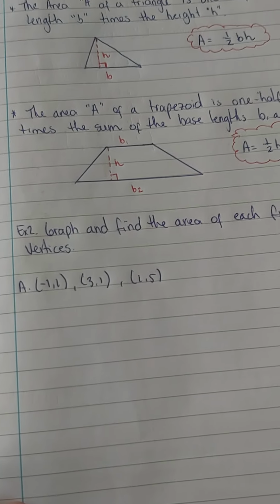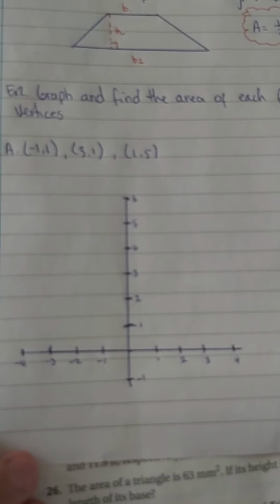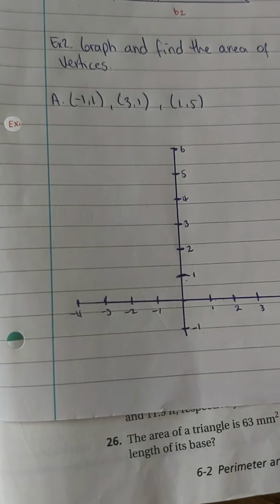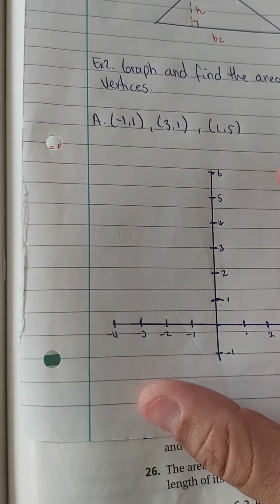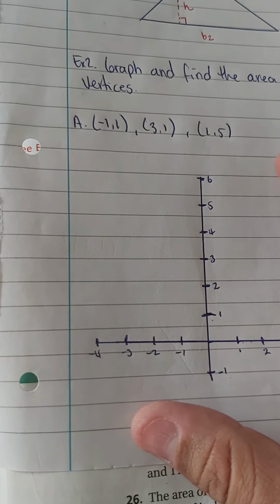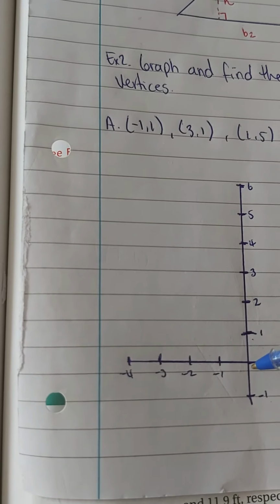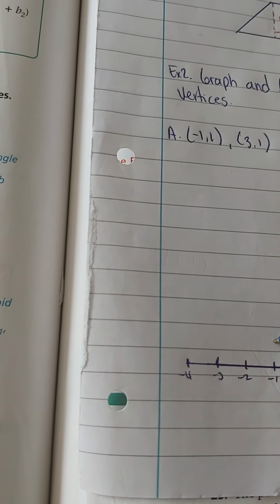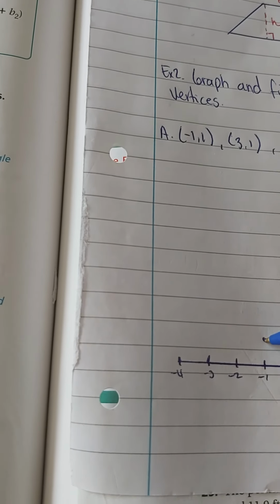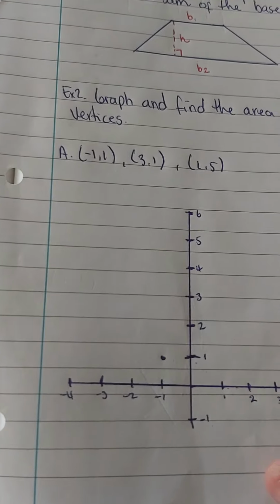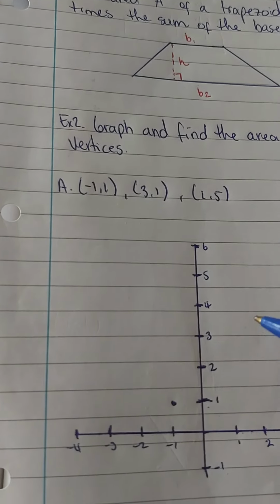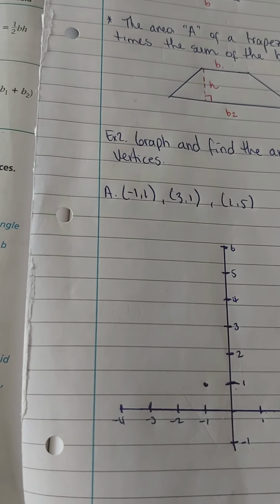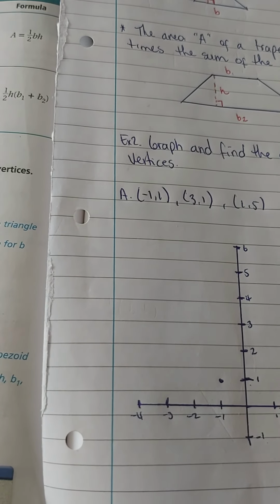Okay, so let's plot the points on the coordinate plane. Let's plot our point (-1, 1). We start at the origin, x is -1, y is 1. So that will be our first point. Second point, (3, 1). We start at the origin, x is 3, y is 1.